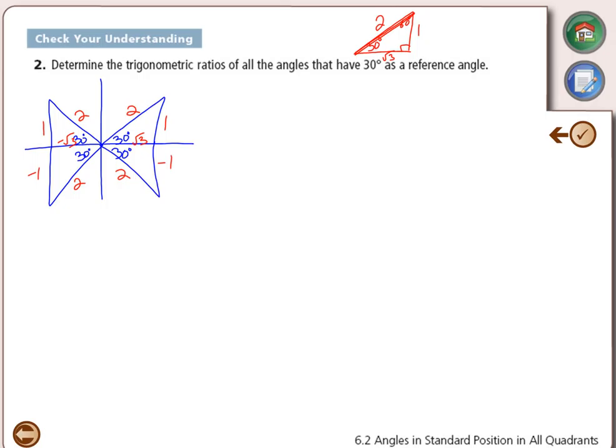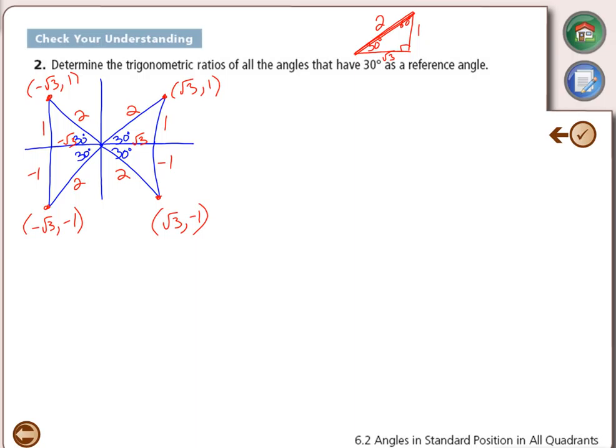I'm going to put points up on each corner. I went root 3, comma 1. This one I went negative root 3, comma 1. This one I went negative root 3, negative 1. And this one root 3 and negative 1.